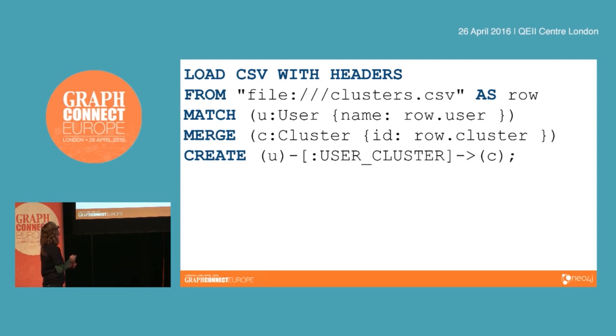I don't know if you guys have seen LOAD CSV before, but it's a syntax we've built into Cypher, where you can call a CSV from some file path or file URL, and alias it as something. Then we're going to match on the users that already exist in the graph, and grab the user column out of that CSV. We're going to merge on the cluster.